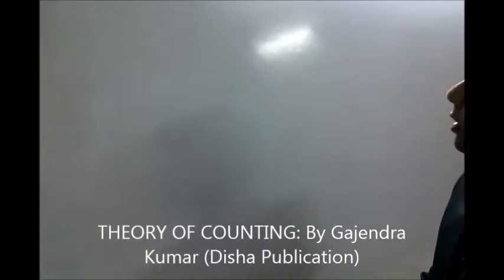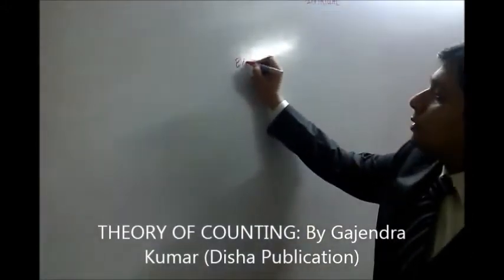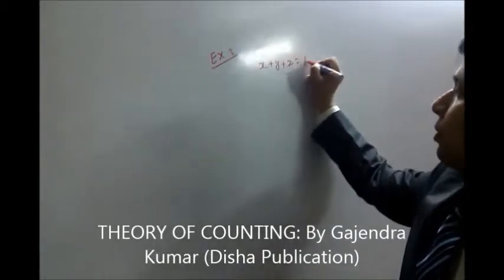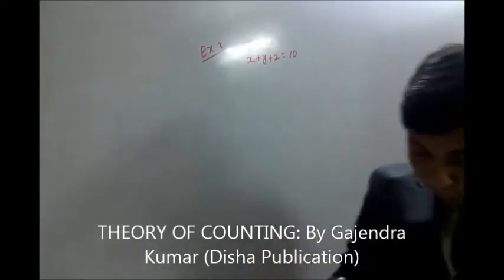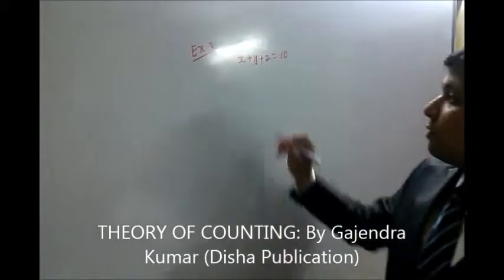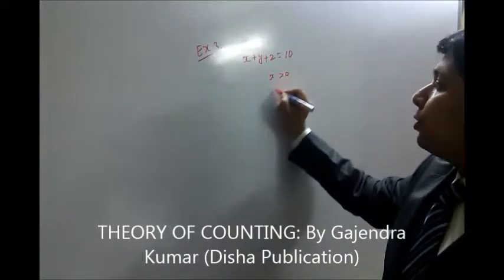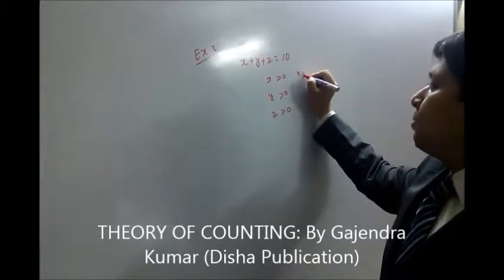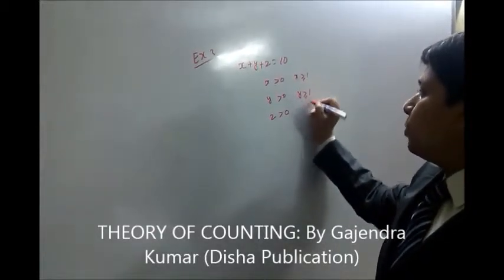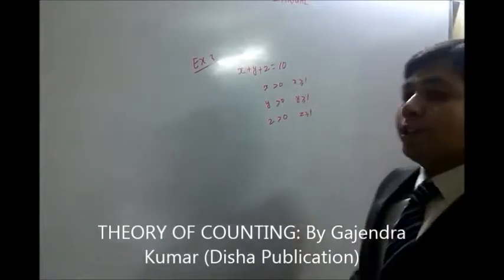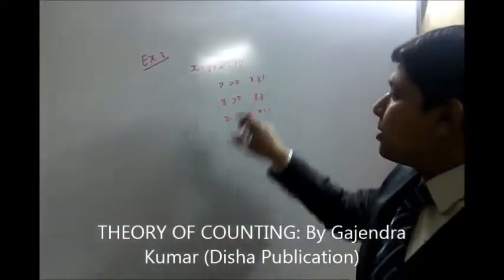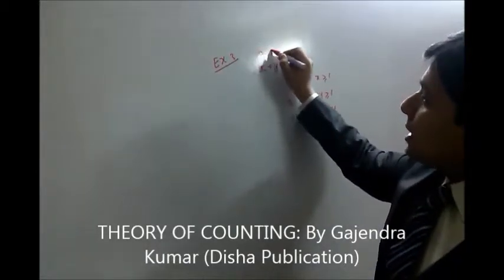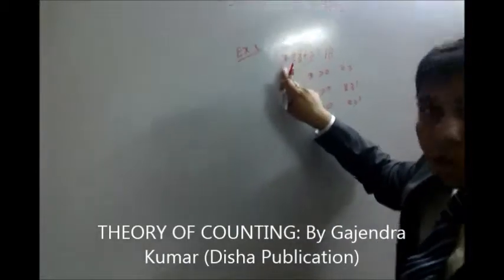Positive integral solution means x must be more than 0, y more than 0, z more than 0, or else x more than equal to 1, y more than equal to 1, z more than equal to 1. So again the question is similar to how many ways we can distribute these 10 chocolates among 3 students A, B and C such that each of them receives at least 1 chocolate.